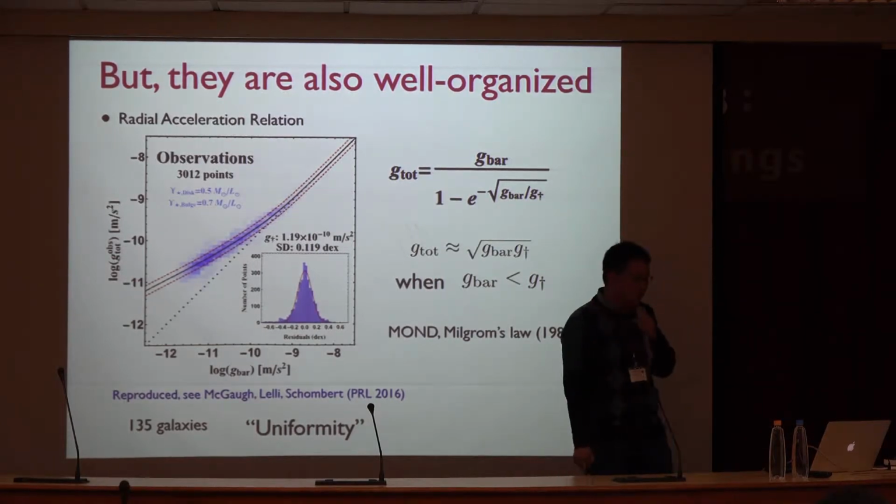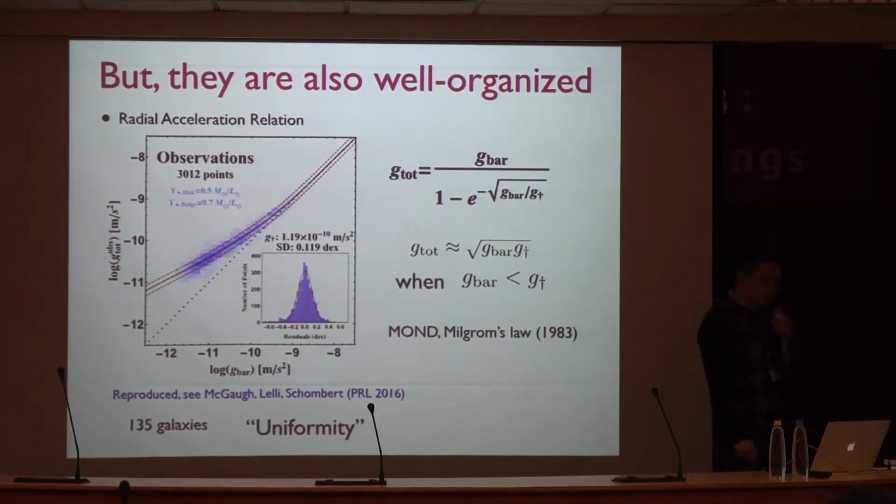So in the original MOND story, for acceleration below this g dagger, Newtonian gravity breaks down, so you need to modify it. So this is a modification proposed by Milgrom himself in 1983. And if you fit the data, you can read off this g dagger, it's about 10 to the minus 10 meters per second squared.